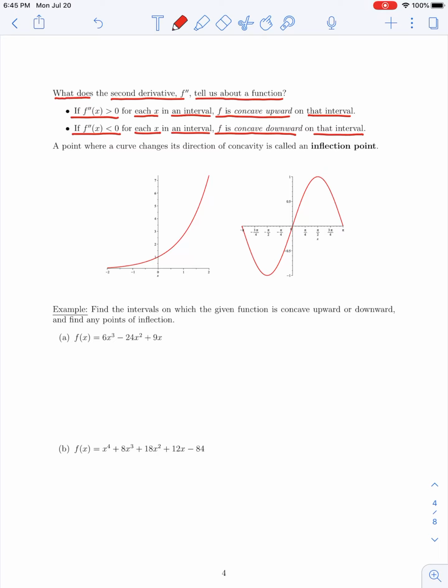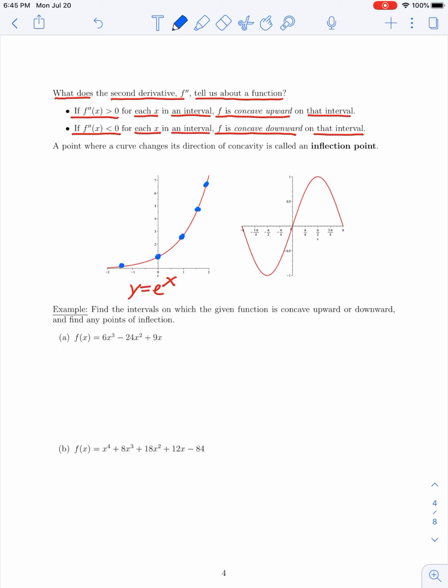So for instance, in these figures that I've given in the notes, in this left-hand plot, we're looking at the graph of the base e exponential function, y equals e to the x. And we see that our first derivative, e to the x, is always positive.